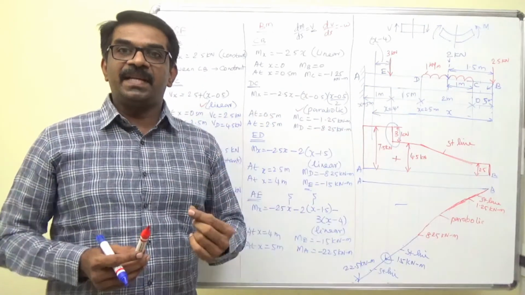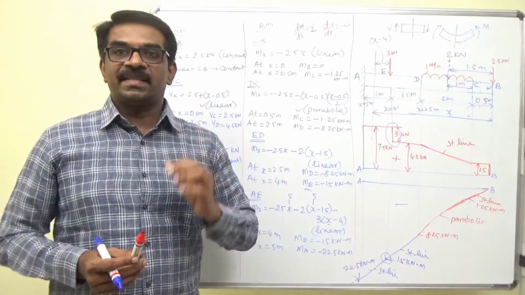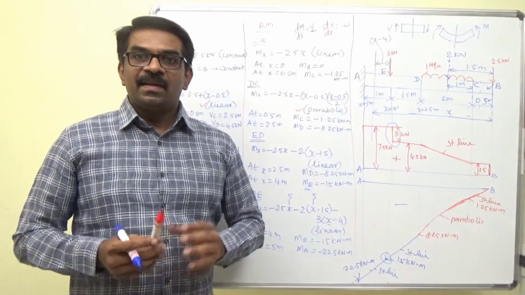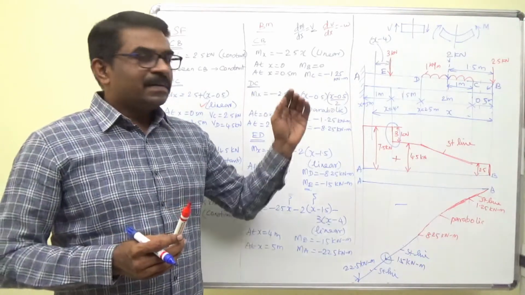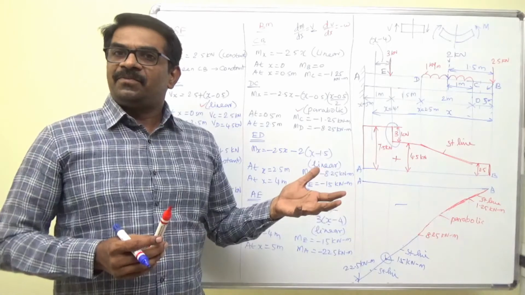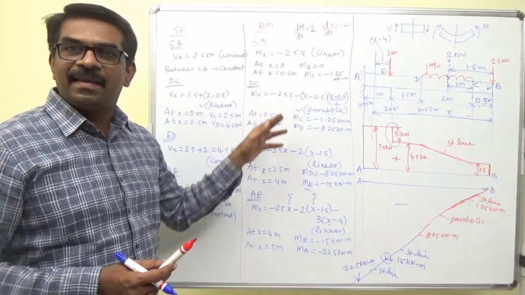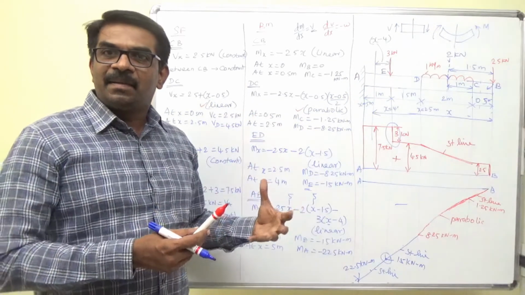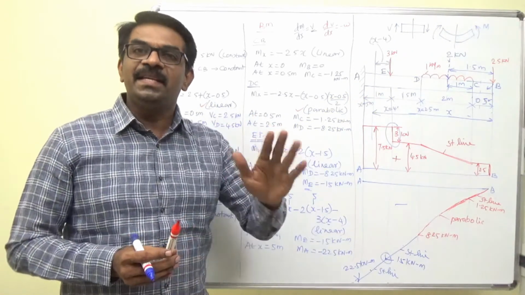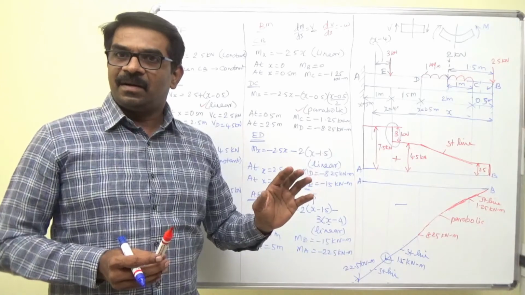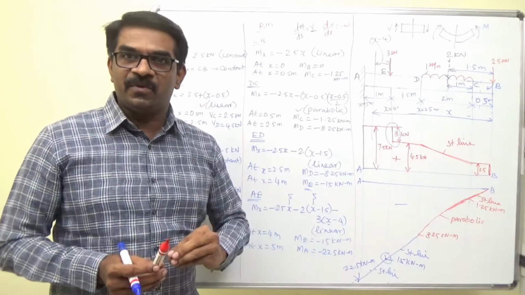When we discuss bending stress and shear stress, you will understand why, right? Now you can very easily find these values, not by doing all these expressions and applying the boundary conditions and so on.